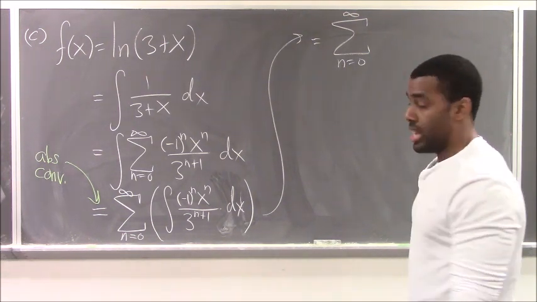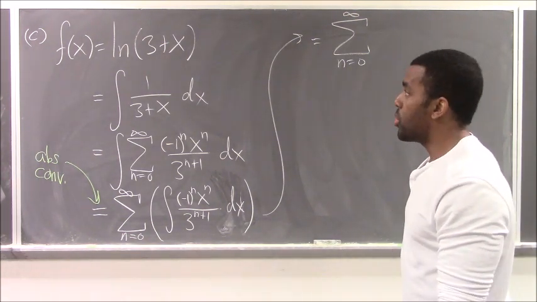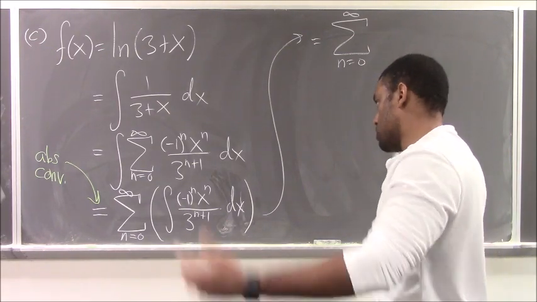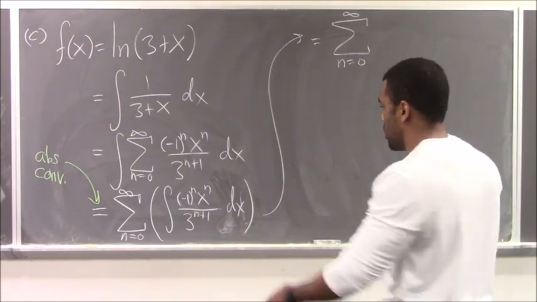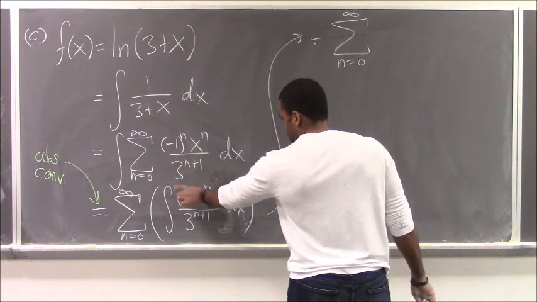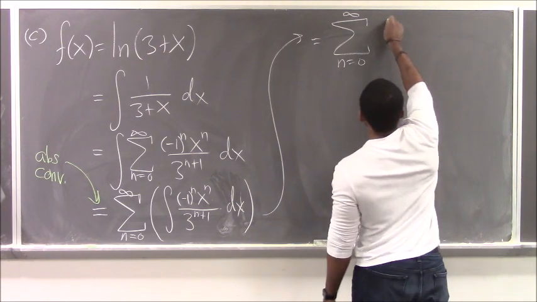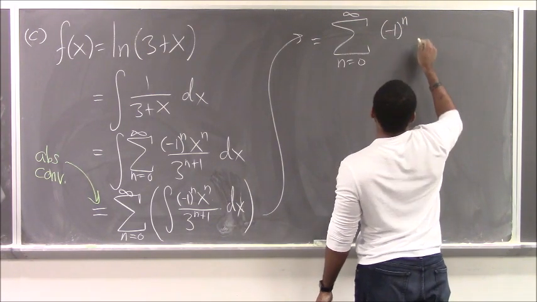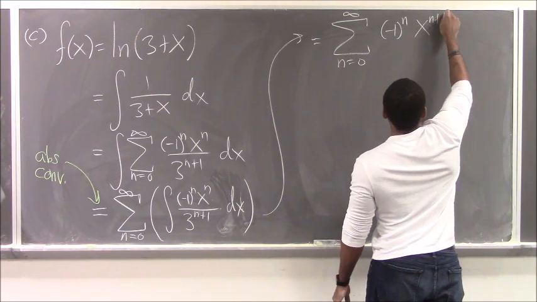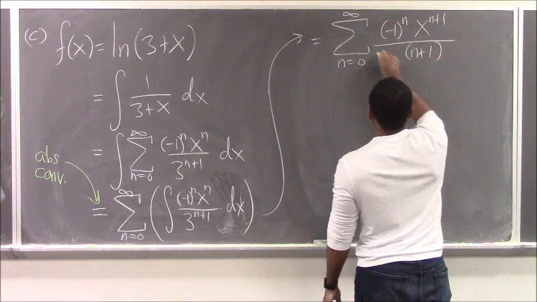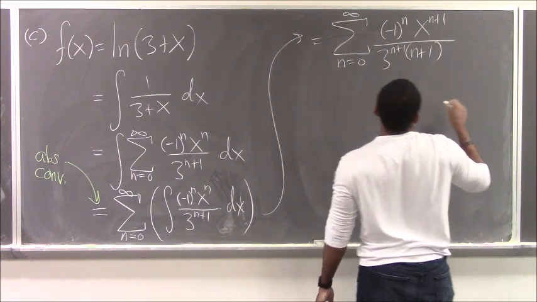What's the integral of x to the n? x to the n plus 1 over n plus 1, right? So leave this alone, then just change this to x to the n plus 1 over n plus 1. So I'm going to have minus 1 to the n, x to the n plus 1 over n plus 1. But then I still have that 3 to the n plus 1 right here.